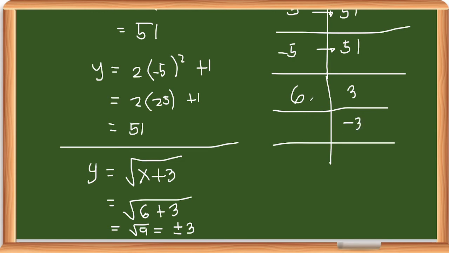But the condition is that for every input, there must be one and only one output. In this case, since there are two outputs, 3 and negative 3, for a single input, this is not a function.